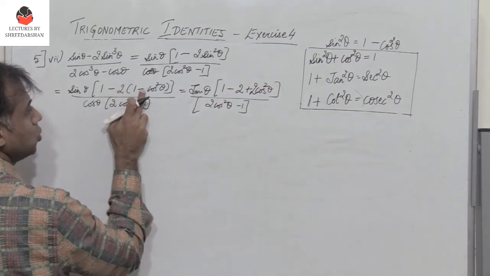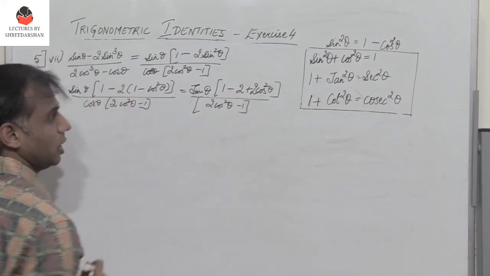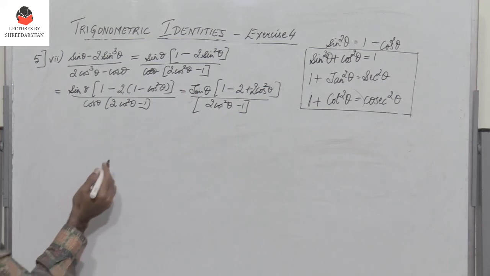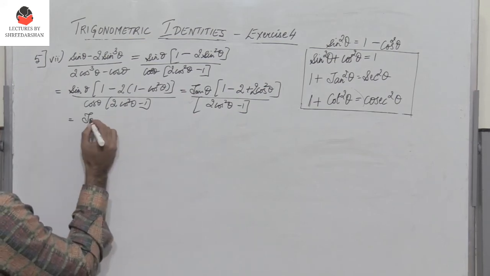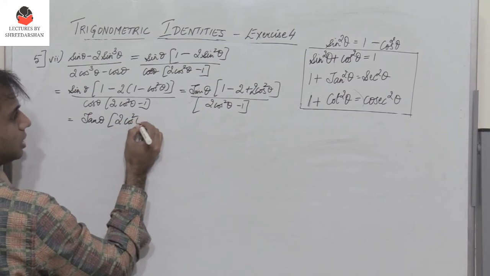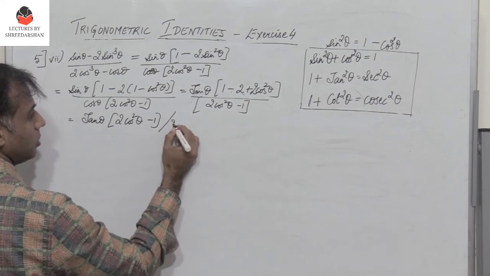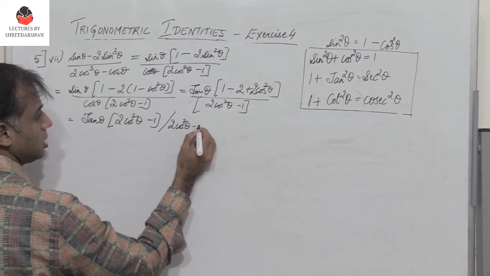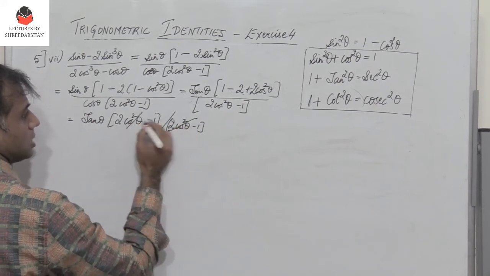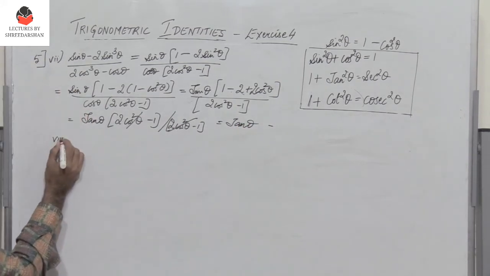So minus 2, minus into minus is plus, so I get plus 2 cos square theta. Alright, so now what is this? I have tan theta, so I can write 2 cos square theta. This is plus 1 minus 2 is minus 1 divided by 2 cos square theta minus 1. It gets cancelled, so this is tan theta, and this is the answer.